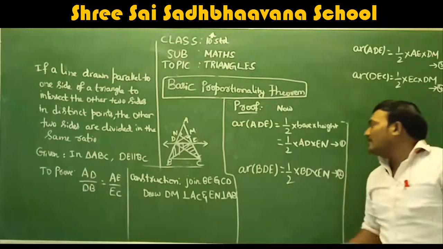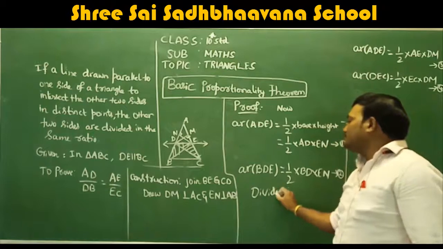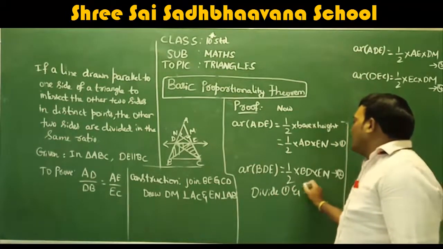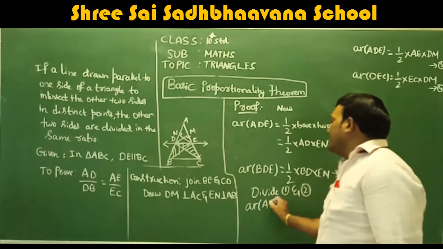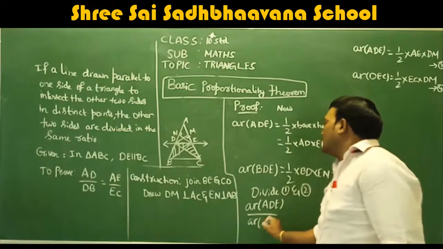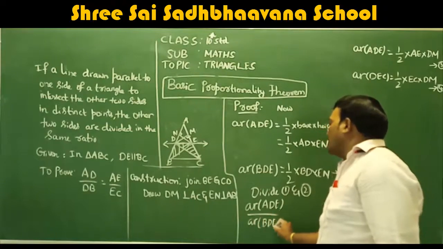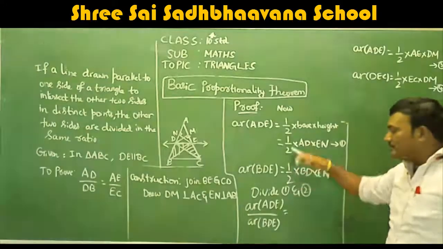Okay. So here divide 1 and 2. If you divide, what happens? Area of triangle ADE divided by area of triangle BDE. Just look at this, half will get cancelled.